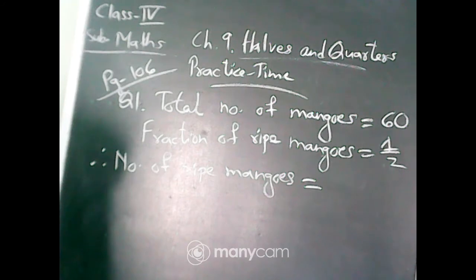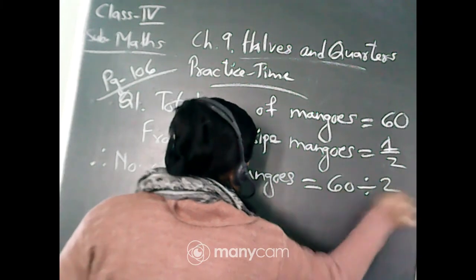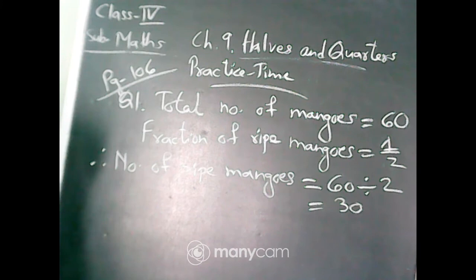So you will write that number of ripe mangoes is equals to half, that is 60 divided by 2, which is equals to 30, isn't it? So you will write the answer: 30 mangoes are ripe.